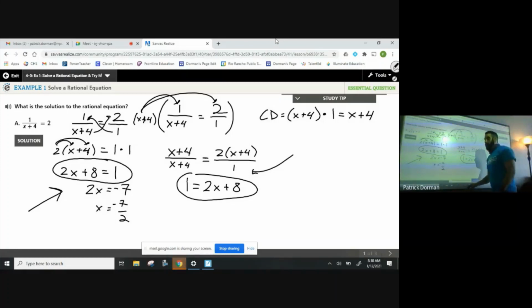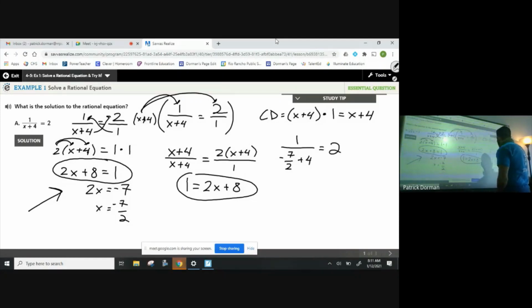Now, whenever we're solving rational equations, we've got to check. Remember back in Algebra 1, you would take your original equation and substitute in your answer to make sure that your answer was correct.